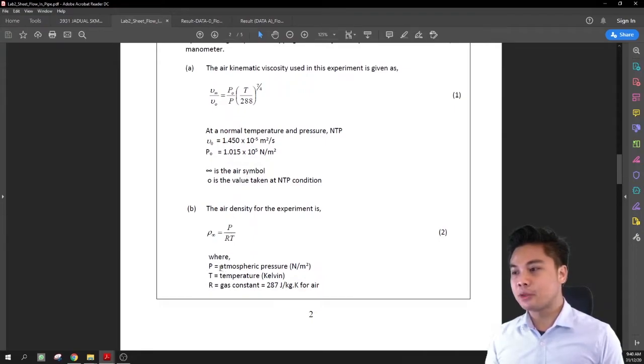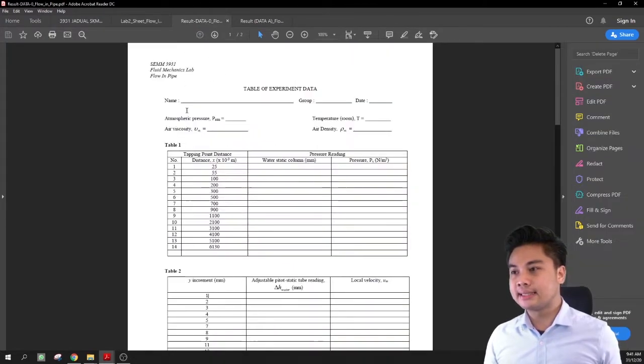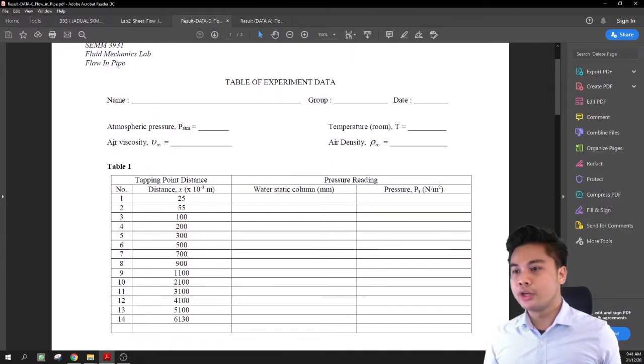Here P is atmospheric pressure. So the values of rho naught and mu, the value of rho infinity, which is rho of air, and the mu of air are going to be used in the table. You can see in the table, we're going to use those values and place them here and here.